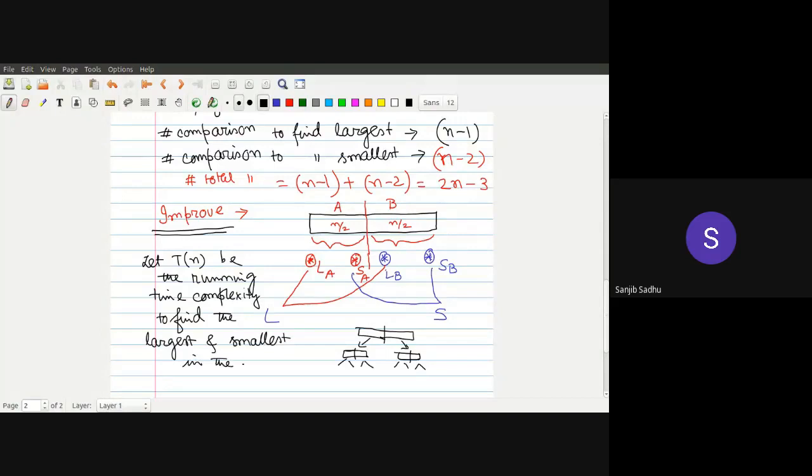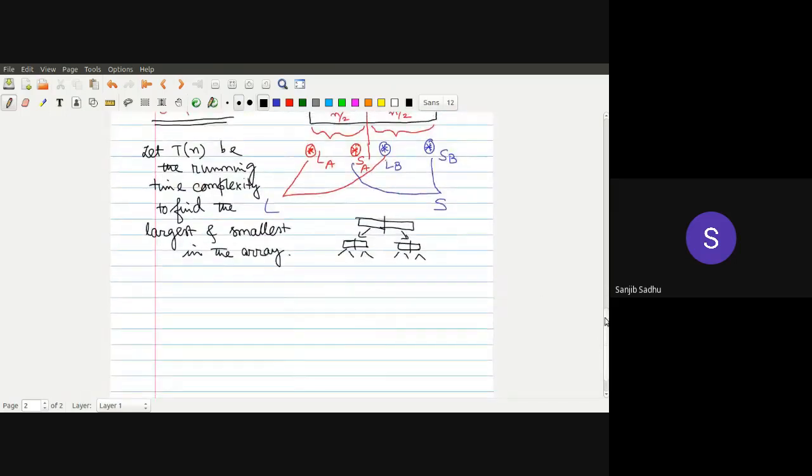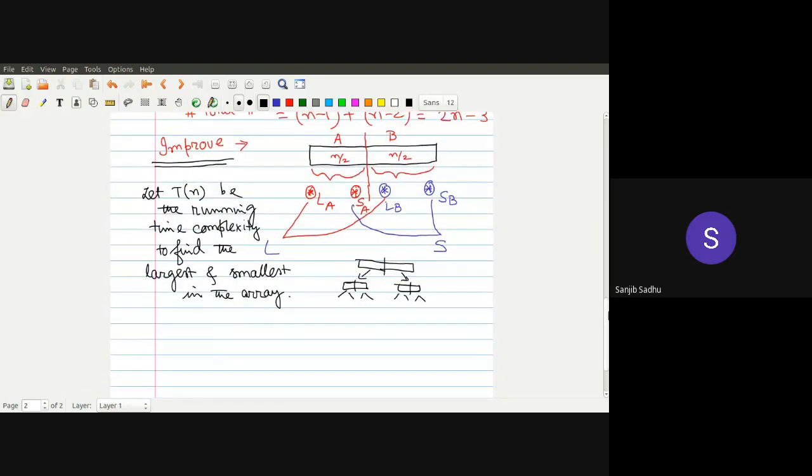Please remember that you should always write what you mean by T(n) with respect to any algorithm. I will not write like this every time, since this is the first time I am showing you, but you should always write it.